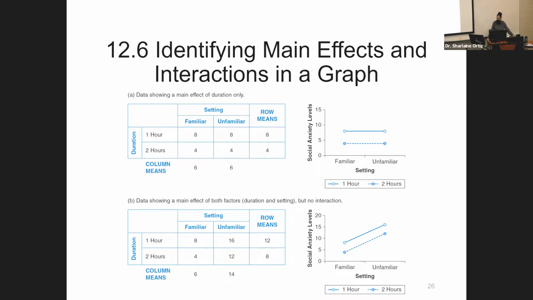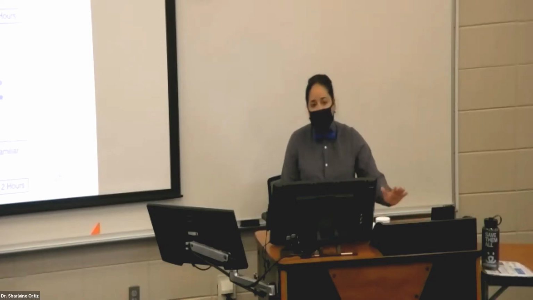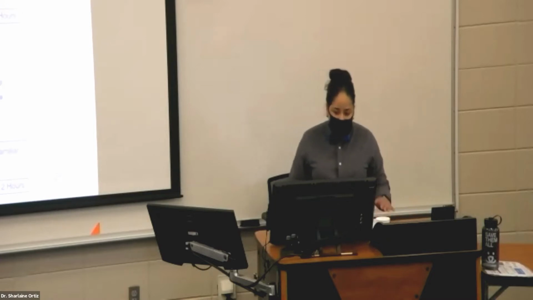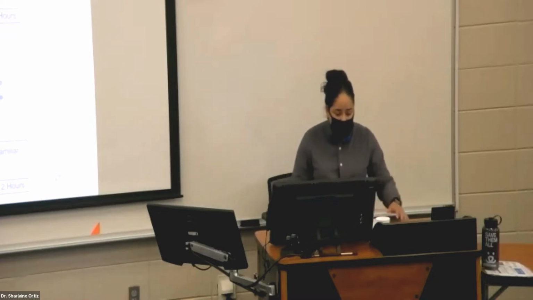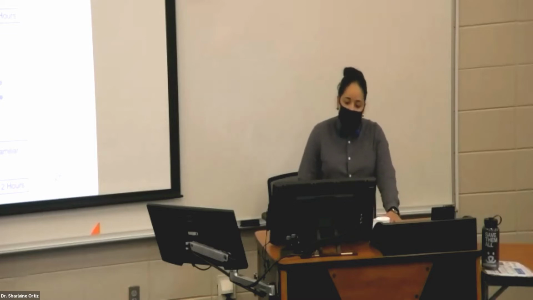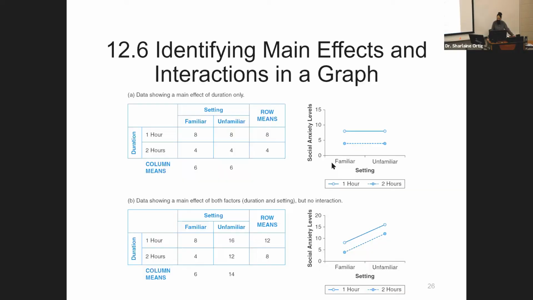So any questions about that representation of main effects only? Now, something really interesting about this specific graph: if I were to use another method to illustrate these main effects, I'm going to revert your attention to this second figure here.